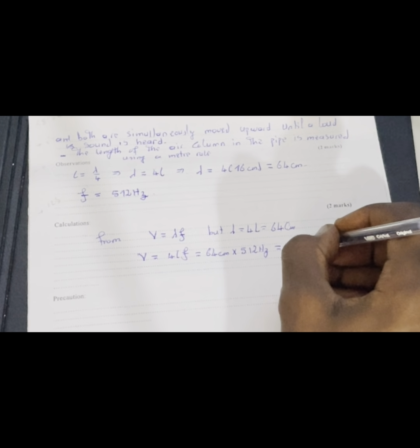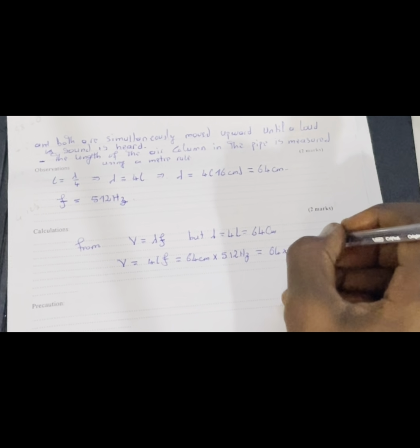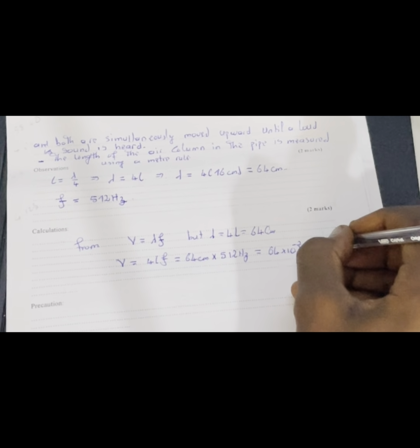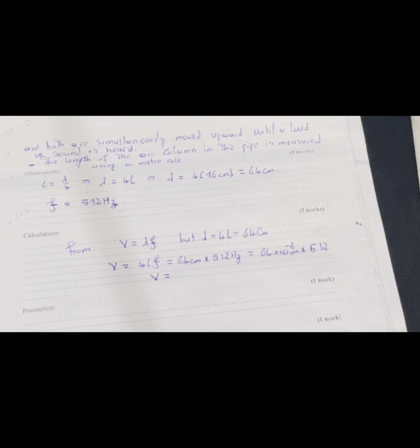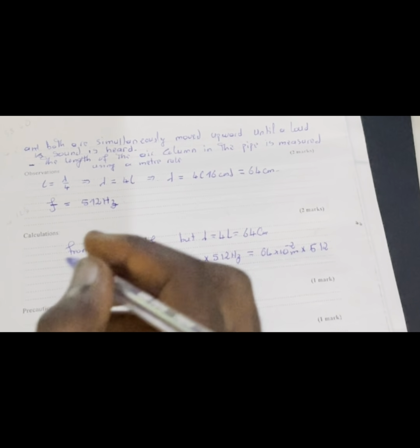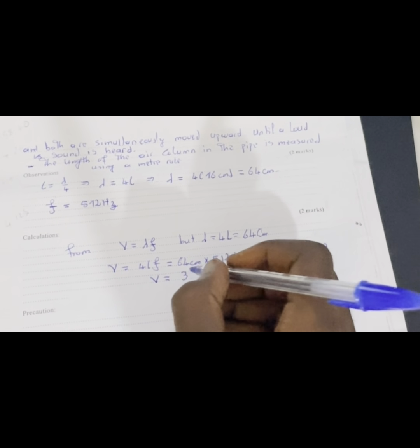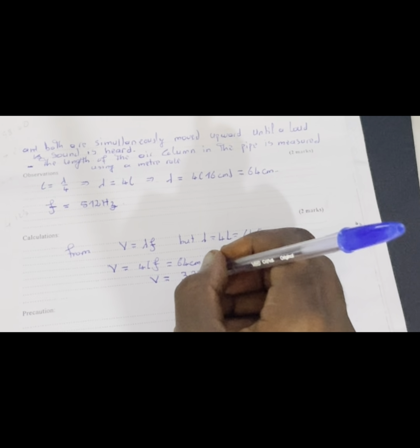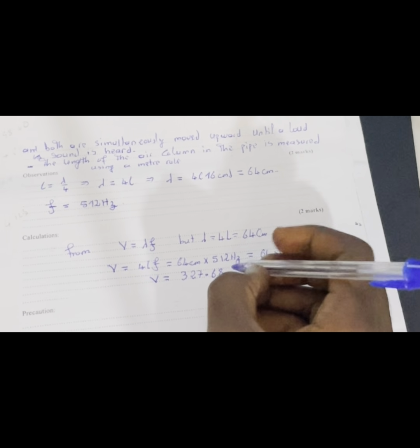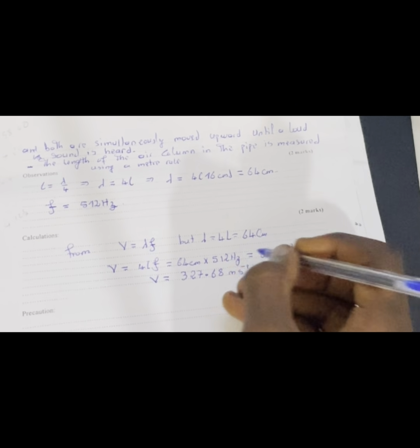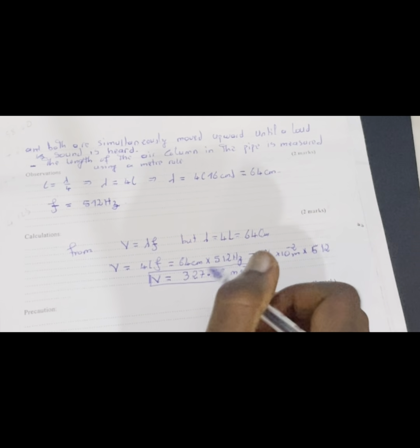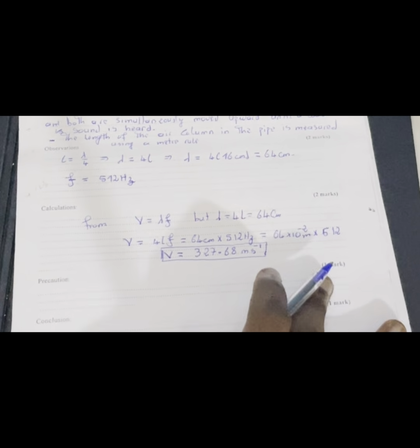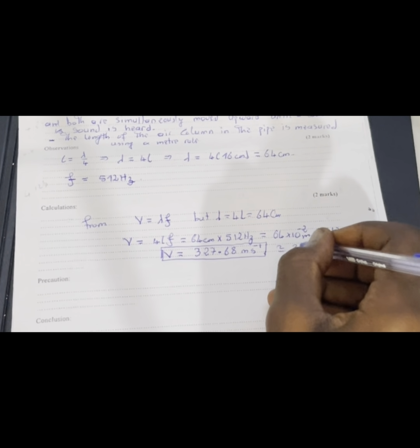So I'll have 64 times 10 to the power of -2 meters times 512, making the speed of sound 327.68 meters per second. So that is it. From the calculation, we are having this. It means that we can approximate it to 330.